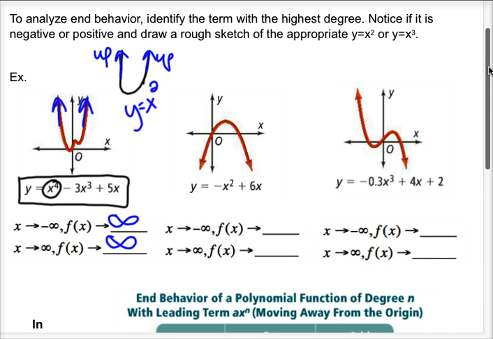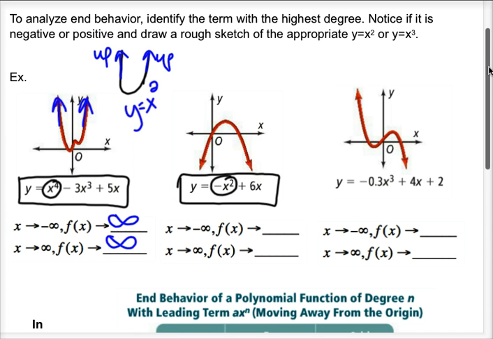All right, looking at our next one. So again, if I were to just give you that polynomial right there and ask you, what is this end behavior? You need to identify the term with the highest degree, negative x squared. Okay? And again, I've given you the graph, but ignore that for a moment.